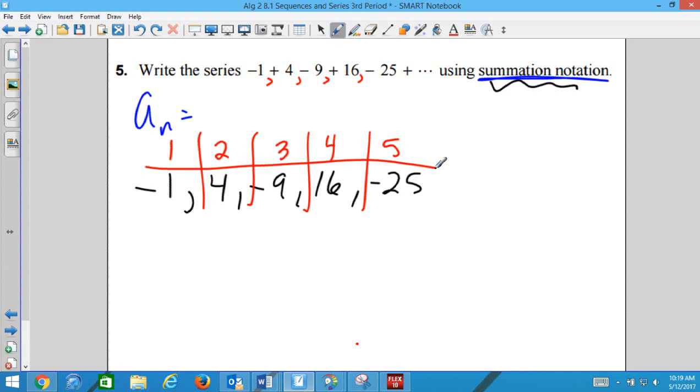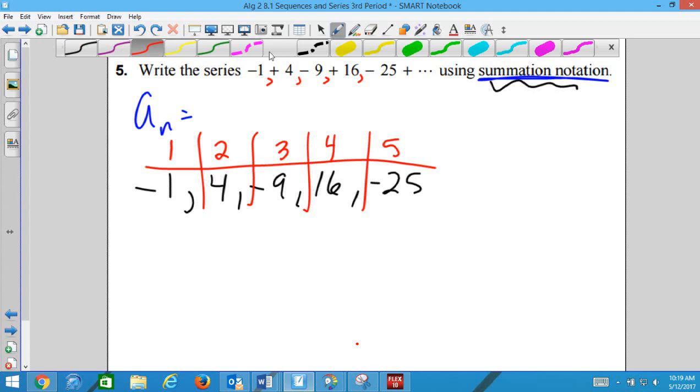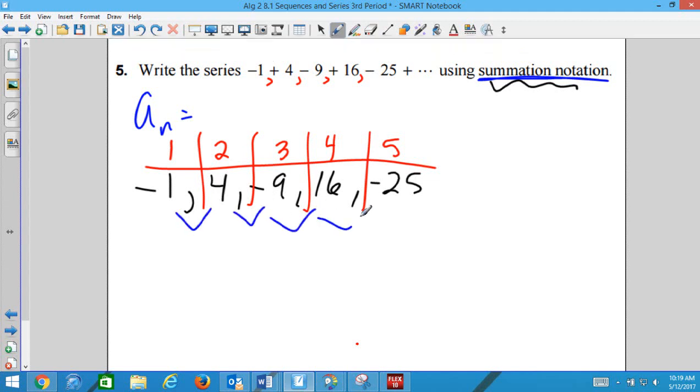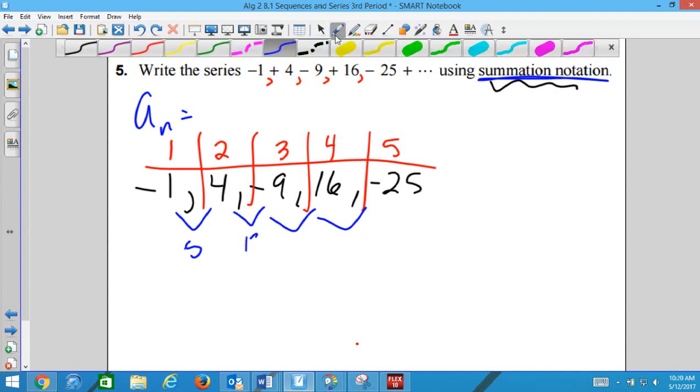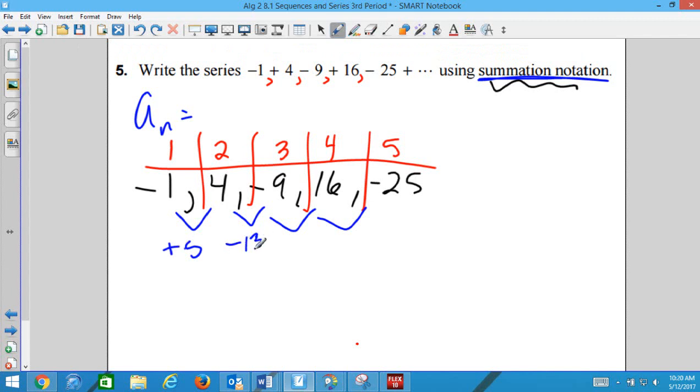Okay, so the first thing that you wanna do is start looking at the numbers that are in black, and you notice that we have a negative every other one. You can start trying to do your, like, is there something we add each time? No. Well, that's actually minus 5, this would be plus 5, minus 13, this would be plus 25, minus 41.